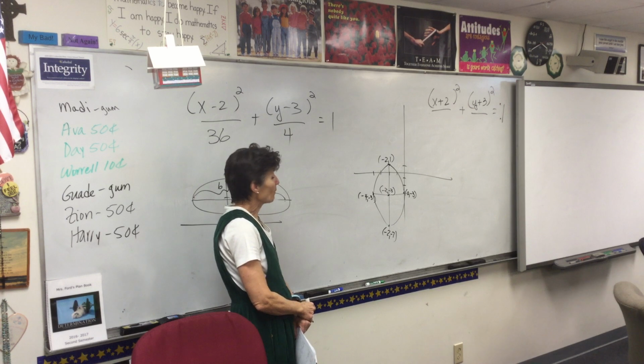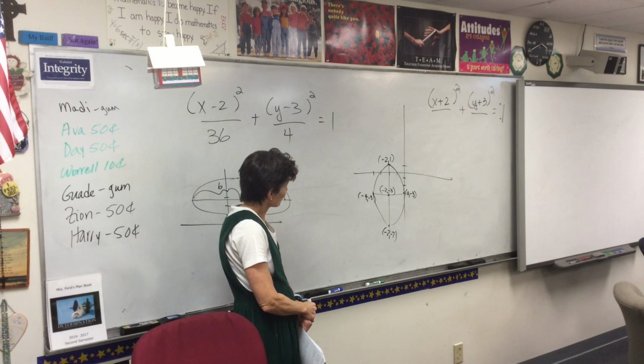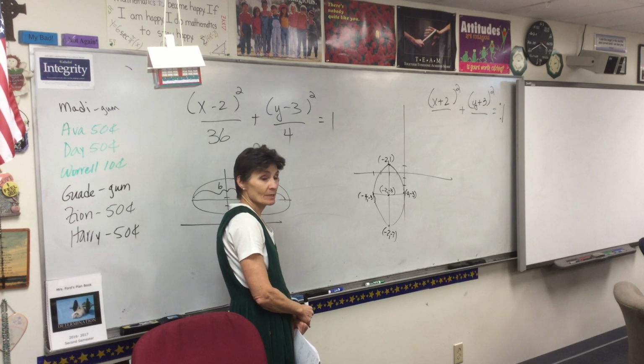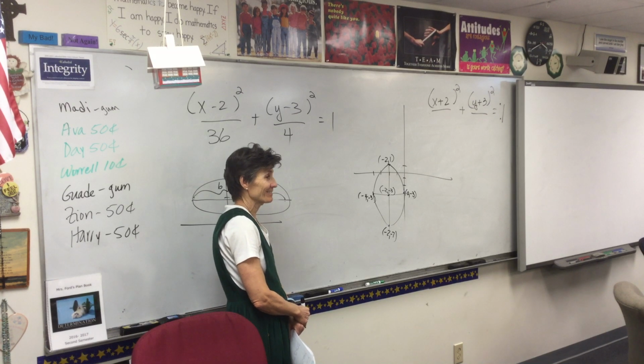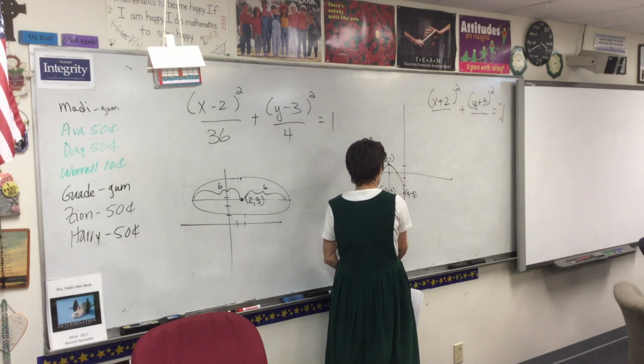Can we figure out our denominators? First one's 64, maybe. 64? No? Maybe 16. 16. Yes. How far up and down are we going? 4.